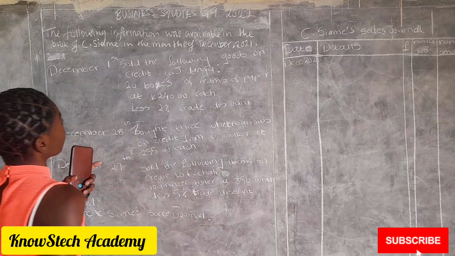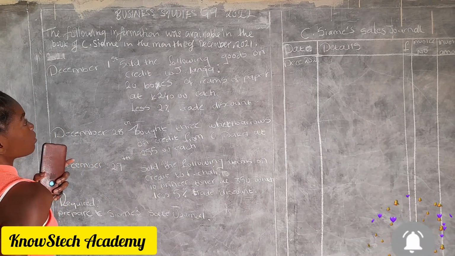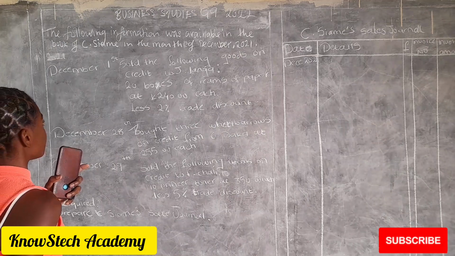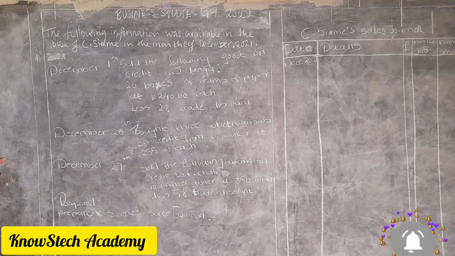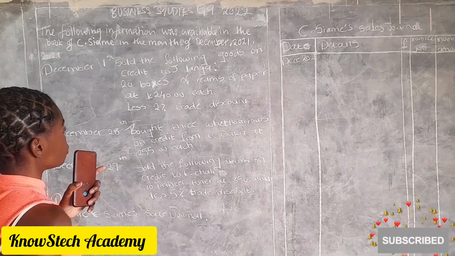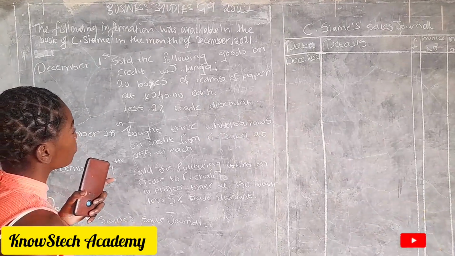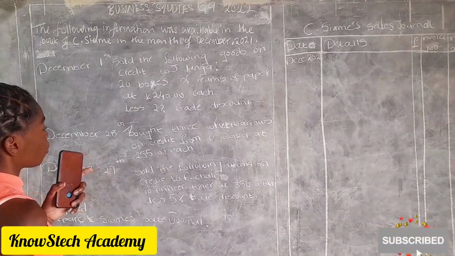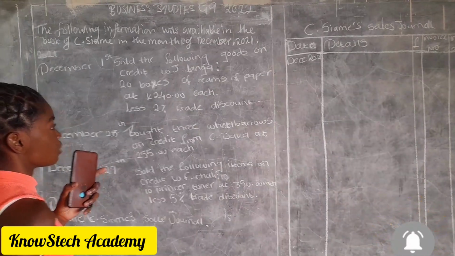The following information was available in the books of CCMA in the month of December 21st. The first transaction took place on December 1st: sold the following goods on credit to J. Langa, 20 boxes of reams of paper at 240 kwacha each, less 2% trade discount.